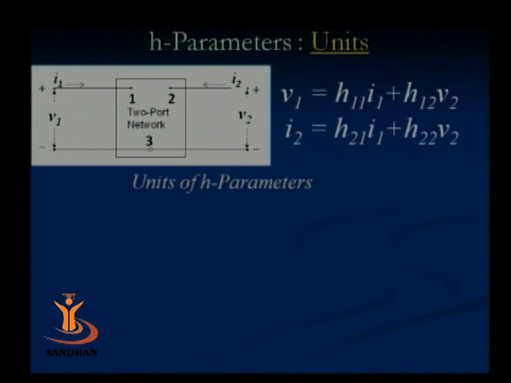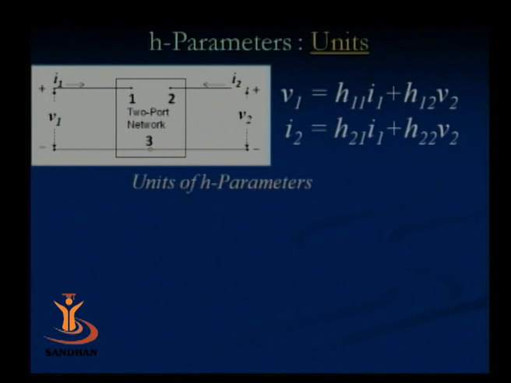Let us focus first of all on the first constant H11. If you look at this equation, V1 equals H11 I1 plus H12 V2. What we find is that V1 equals something plus something. Those somethings must have a unit of voltage. It's a linear combination of 2 terms. The first term, H11 I1, therefore must have a unit of voltage.